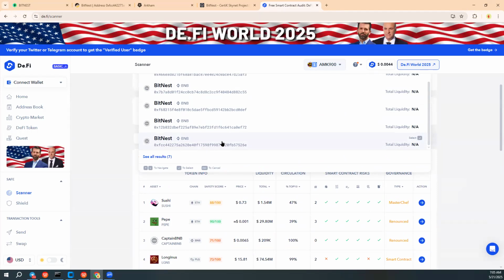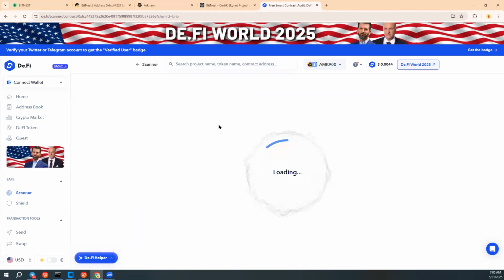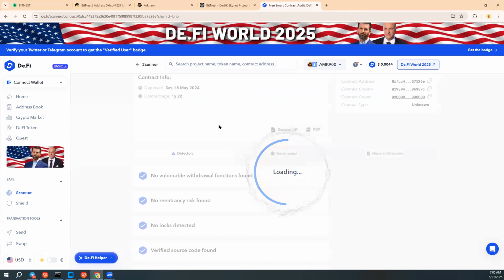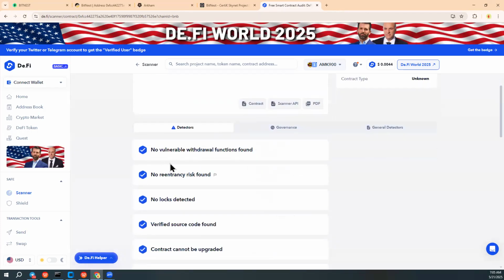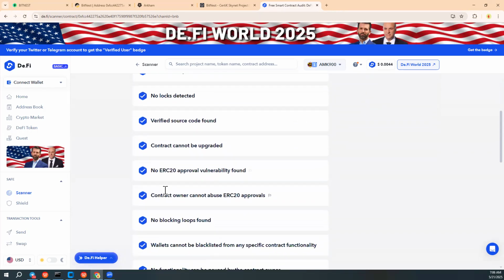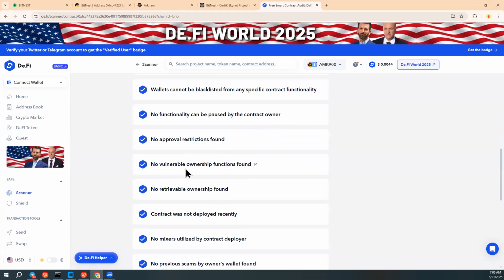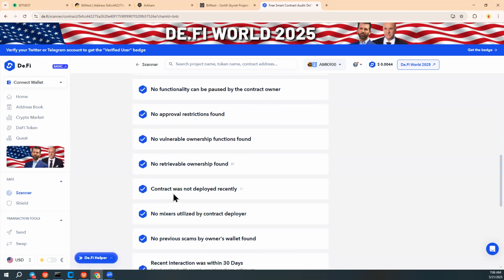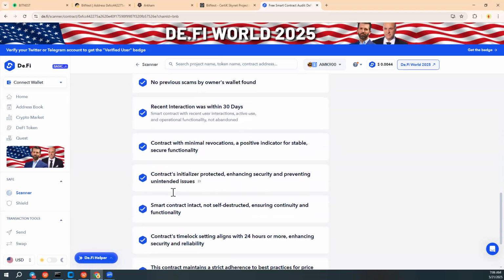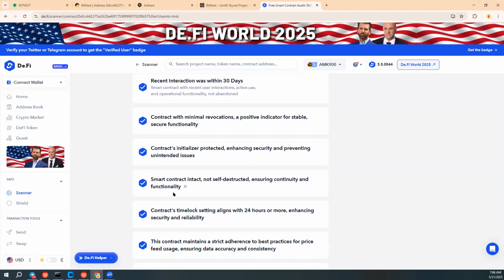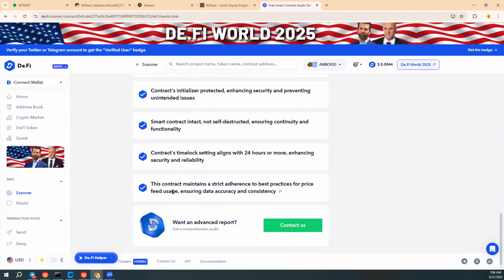So when you come to here, if you go to the DeFi, you also can see that. With all this, no verbal ownership function files. If there is a leakage of the participants' data privacy, here we would have an alert.